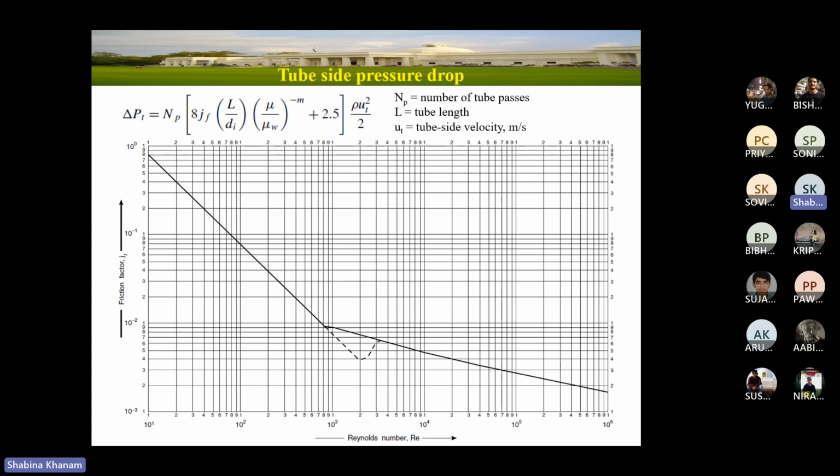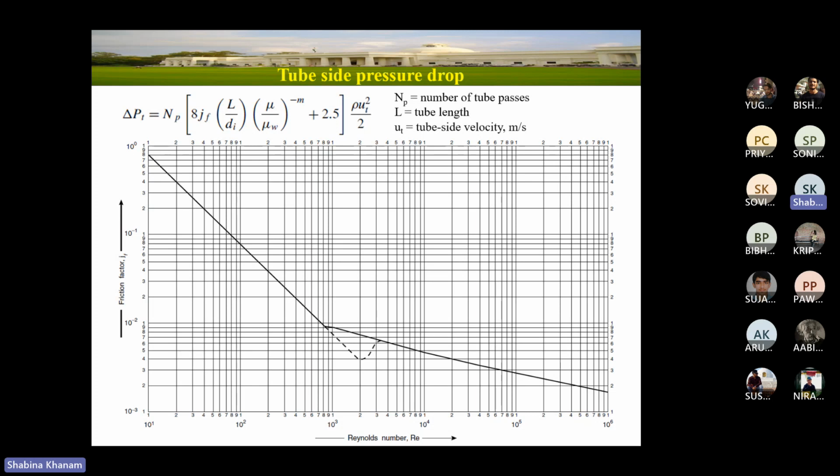So if I consider the contraction, I am having a friction loss factor, or head loss, of 0.5, expansion has head loss of 1, and the 180-degree bend has head loss of 1.5.